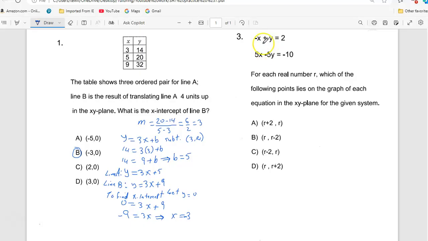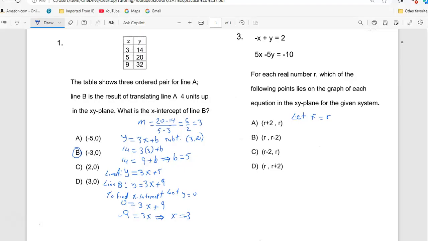So that system is overlap, right? Because if you notice here, this equation is equivalent: if I multiply this equation by negative 5, I get 5x minus 5y equal to negative 10. So there are an infinite number of solutions. In this case, if I let x equal r, how much is y?